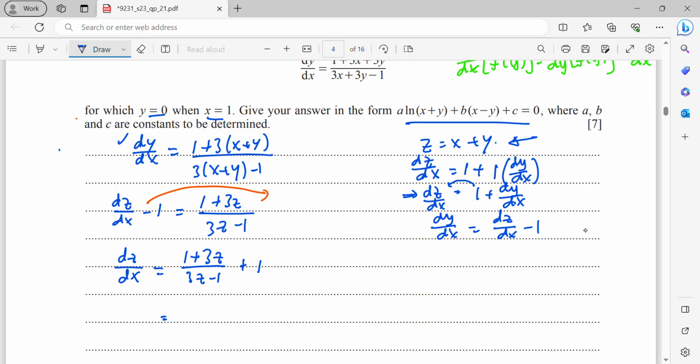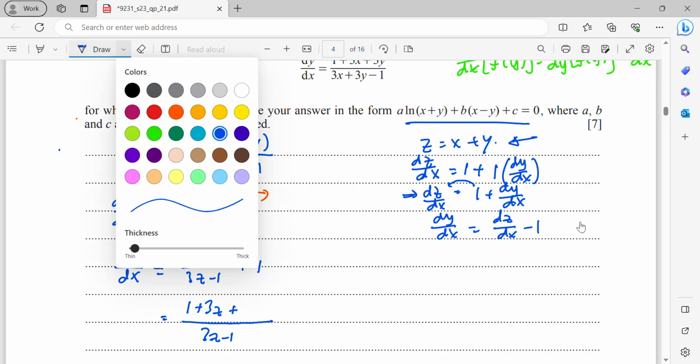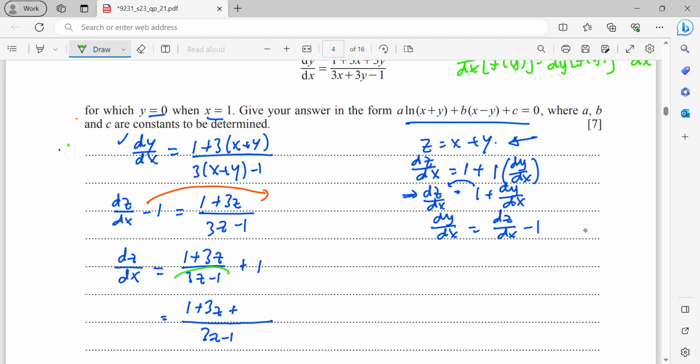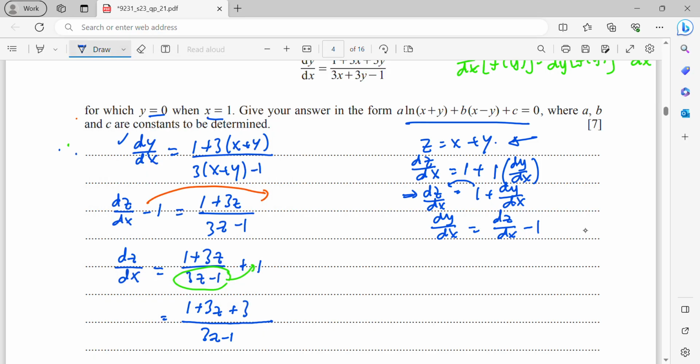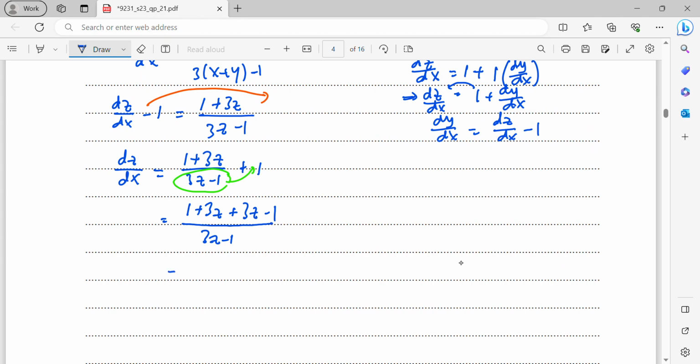Again, I will get the same denominator, 3z minus 1, with 1 plus 3z in the numerator, plus, when you make it the same denominator as 3z minus 1, you are multiplying the two terms with 1, which means I will get 3z minus 1. Then when you simplify, it will be 6z over 3z minus 1. That is my dz over dx.